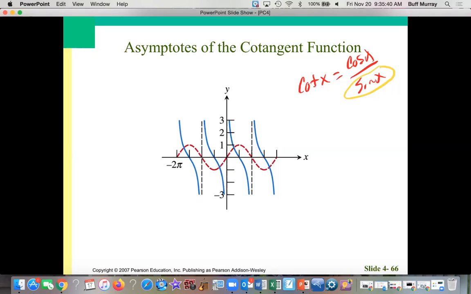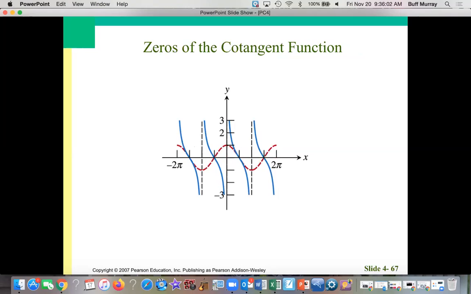That's where those asymptotes will be located. Theta not equal to, so it's defined for every value except those multiples of pi. And the zeros of cotangent would be whenever cosine is 0, because of the reciprocal like that.